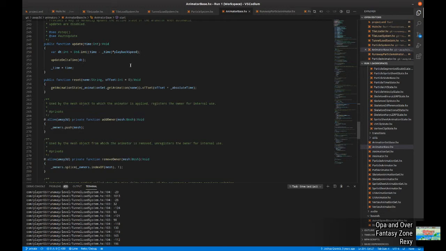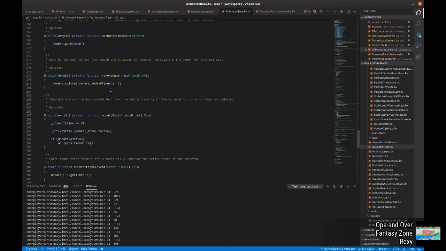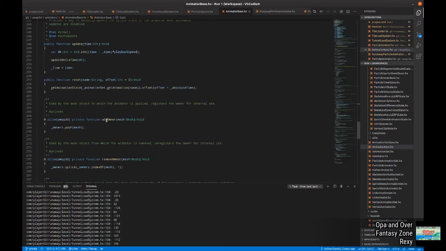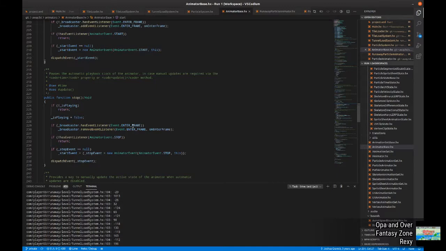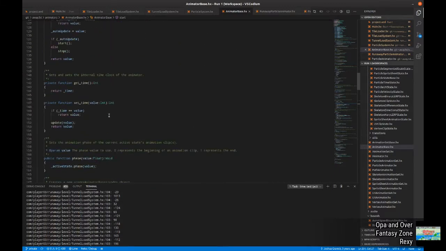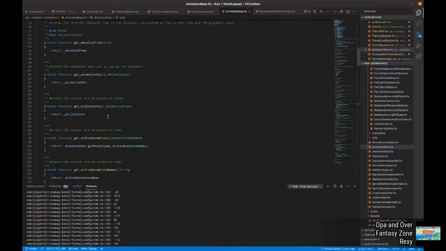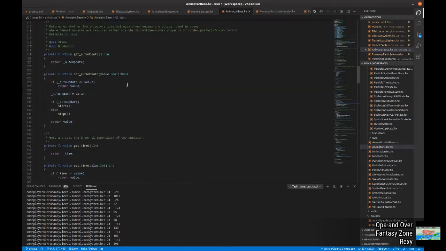Is it because of rounding? It might be because of rounding. Where was it?